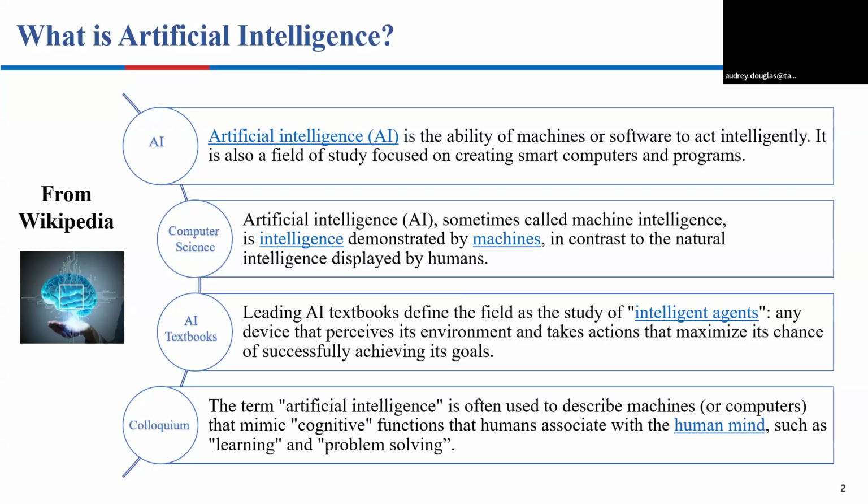So AI is the ability of machines or software to act intelligently, and it is a field of study mainly focused on creating smart computers and programs, right? This is the meaning of artificial intelligence.